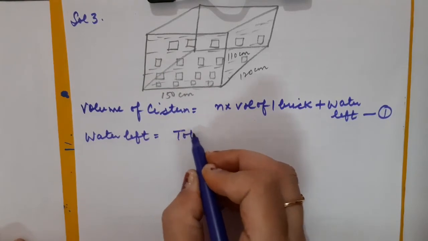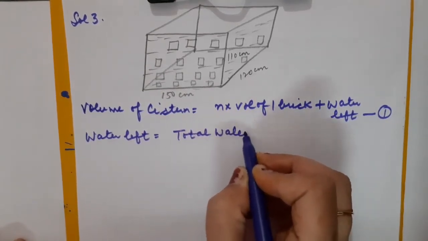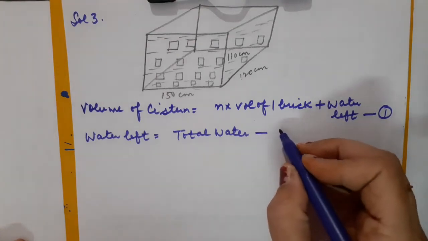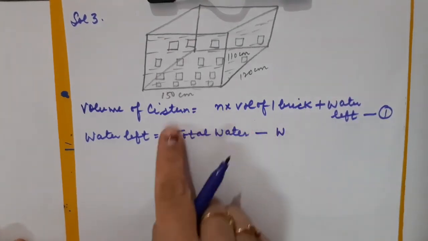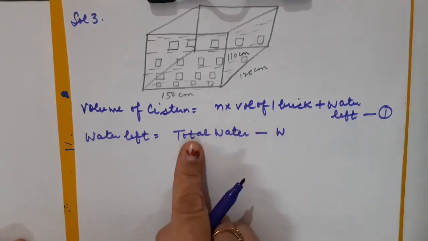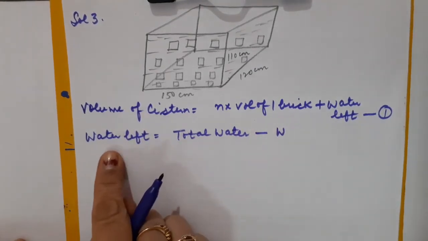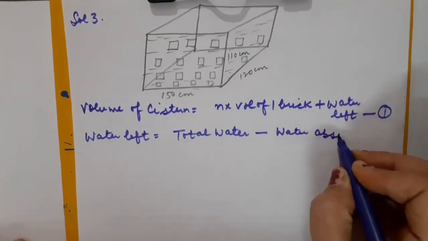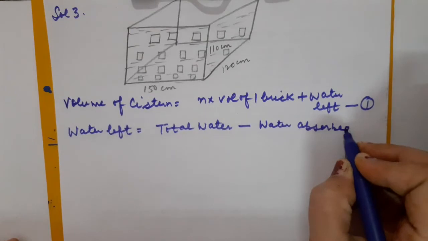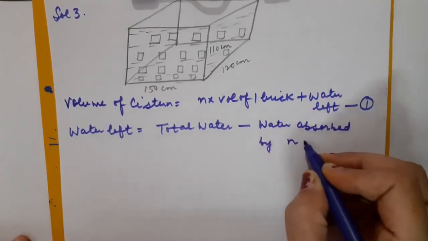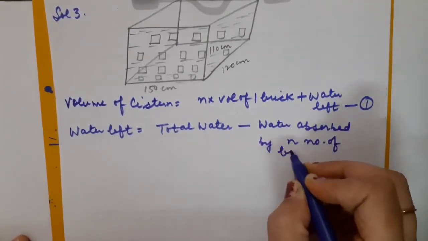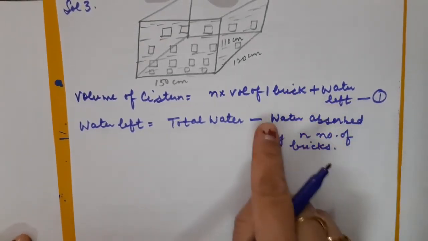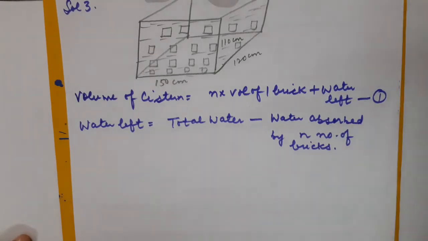Total water which we had been given in the question minus water absorbed by n number of bricks, because when this will be subtracted from the total water, then and only then we can come to know how much water is left. Water absorbed by n number of bricks. Either you can write this or you can just write water absorbed by one brick into n, that is one and the same thing.